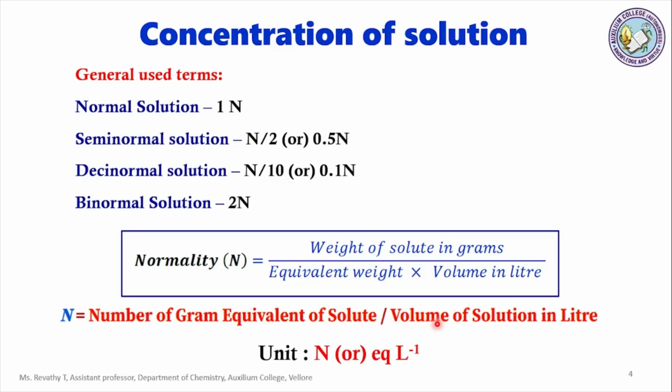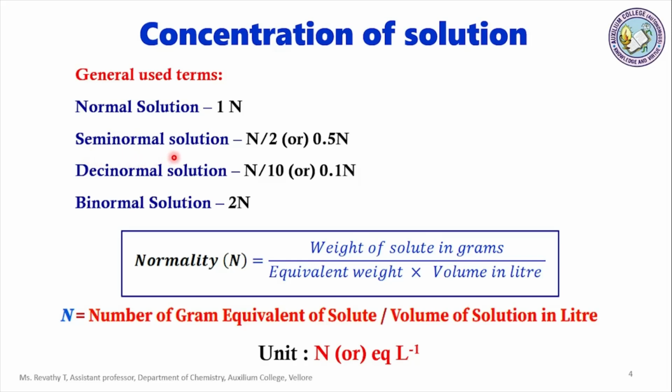You would have used the term decinormal solution of NaOH in your practical. Let's see what that means, and also about other general terms used. The first one is normal solution, which refers to one normality of solution. That is, solution that contains 1 gram equivalent weight of substance per liter of the solution.